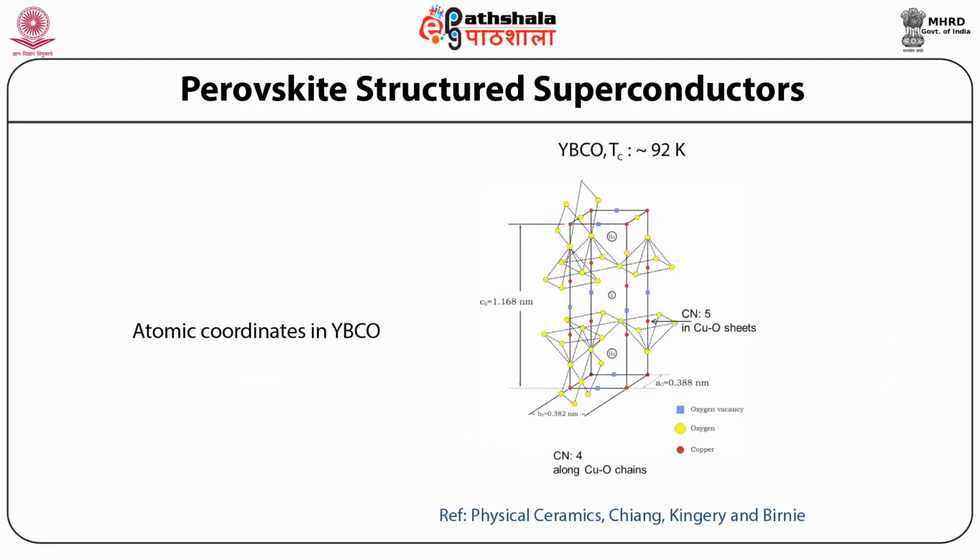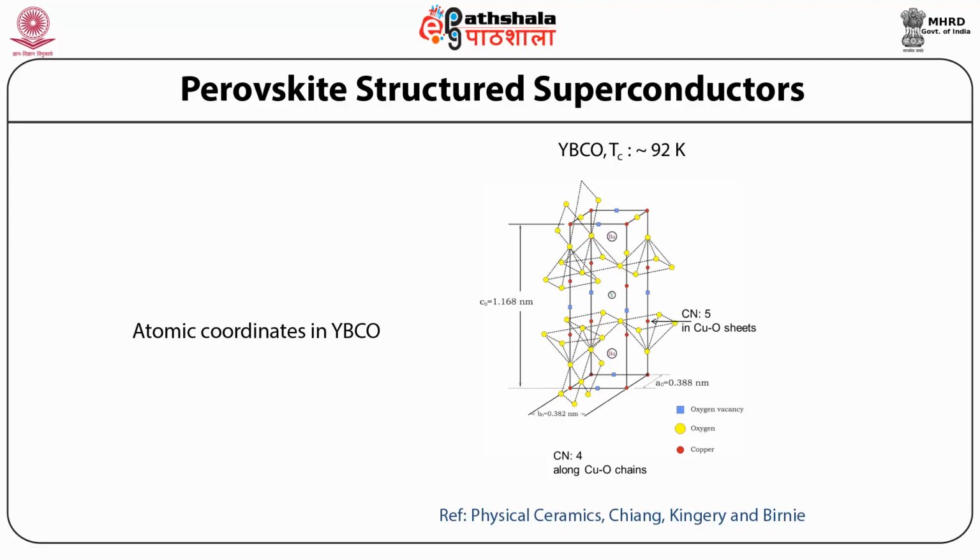Now this slide shows the atomic coordinates in the YBCO compound. So we have discussed that the coordination number for CuO sheet is 5 and it is 4 for CuO chains, which you can see in this structure. So here Cu coordination number is of great interest.